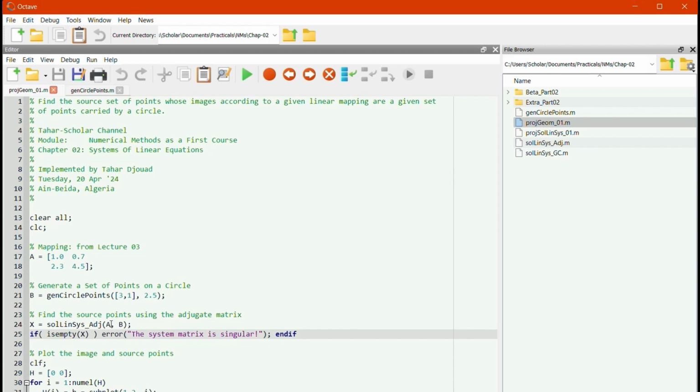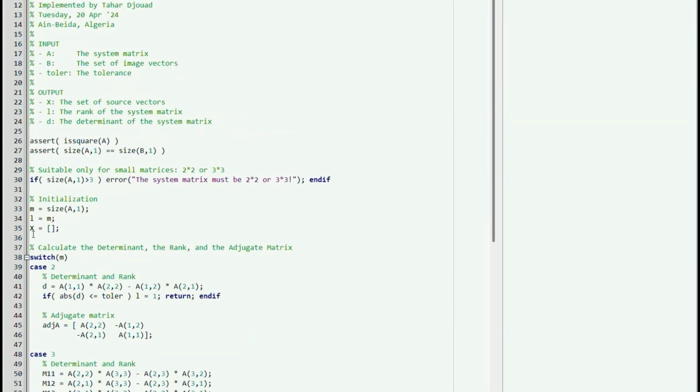The input is the matrix and the matrix B, and we get the source vectors in the matrix X. We check if X is empty. This case could happen if you have mistakenly given a singular matrix. The function initializes X to be empty, and if the determinant is close to 0, X will be empty.